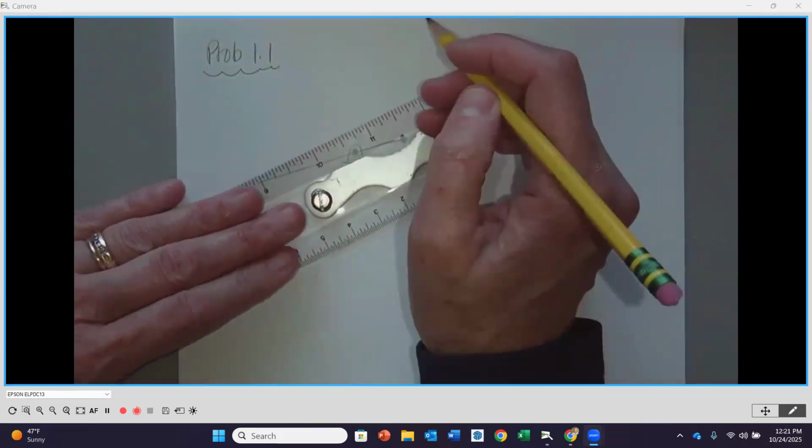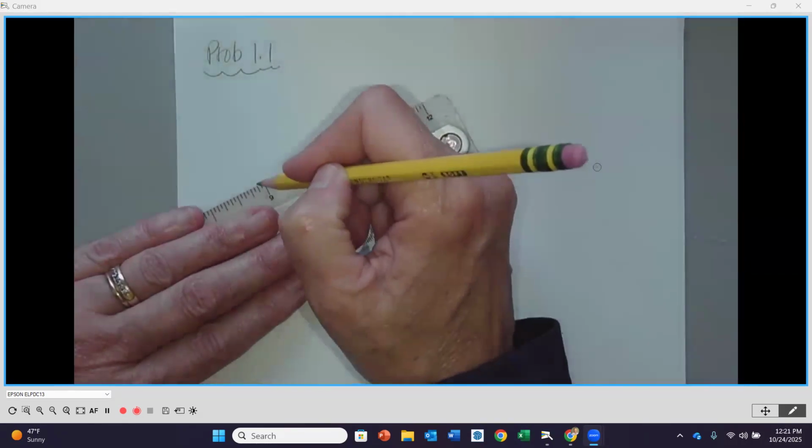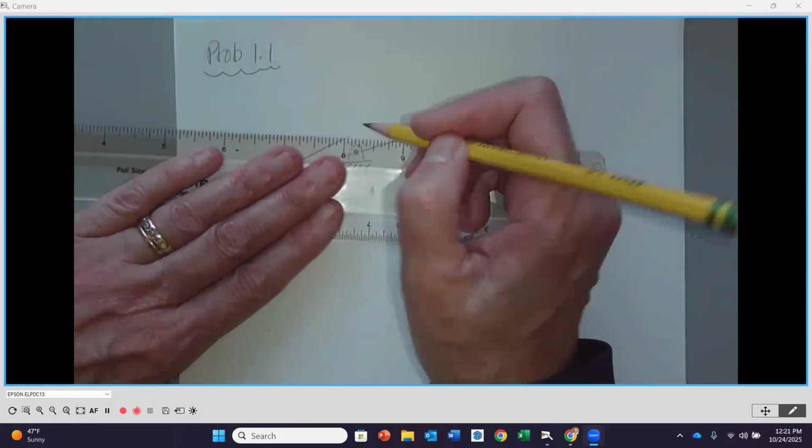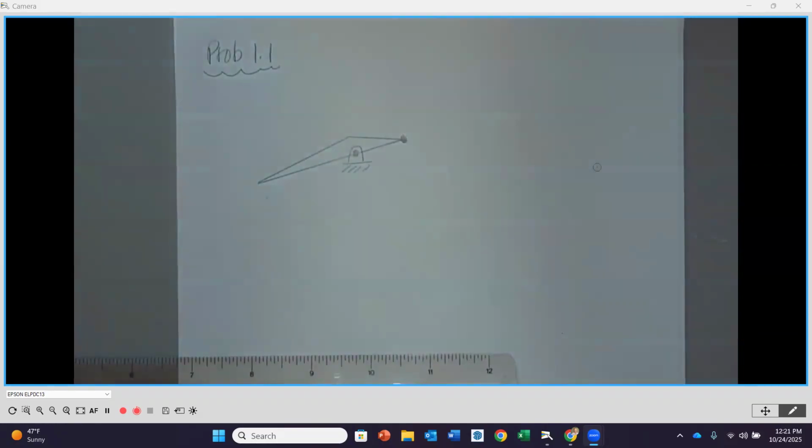So what I tend to do for elements like this is I like to add that little bit of thickness so that you can kind of see that this is a continuous part. Does that make sense? Yeah.